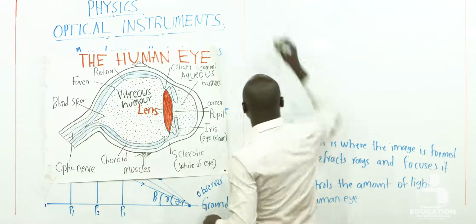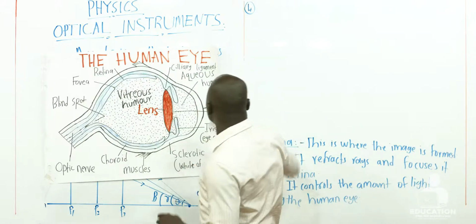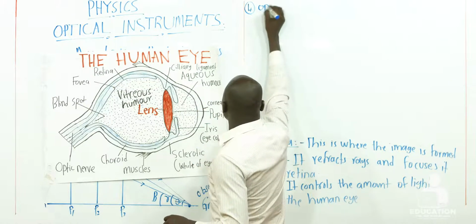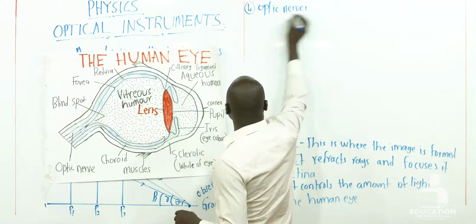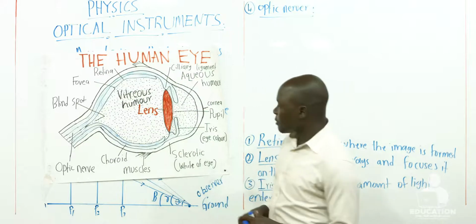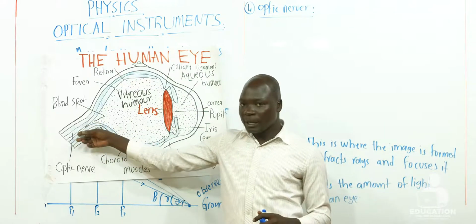So that is part 4. Let's call it the optic nerve. And dear learners, from the structure of the eye, this is what we call the optic nerve.